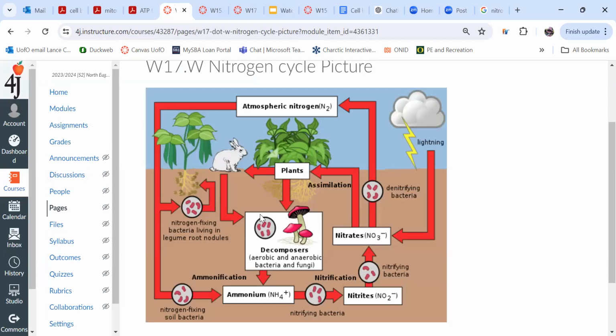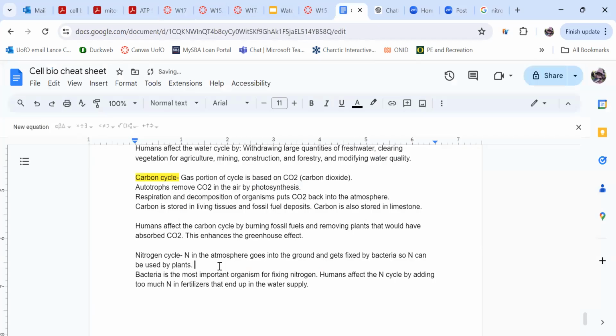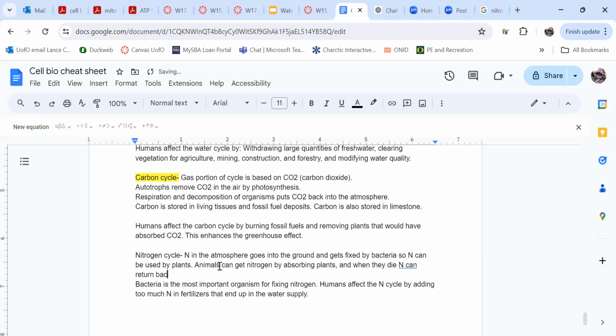Now, what else could happen to this nitrogen? Now, the bunny could eat the plant, right? Animals can get nitrogen by eating plants. And when they die, nitrogen can return back to the soil.